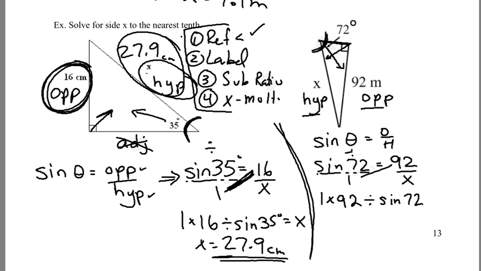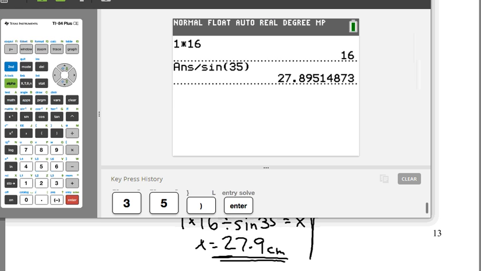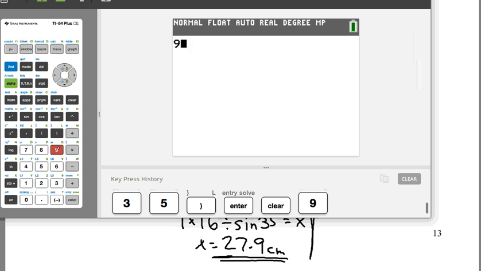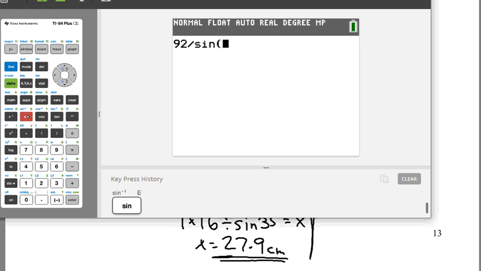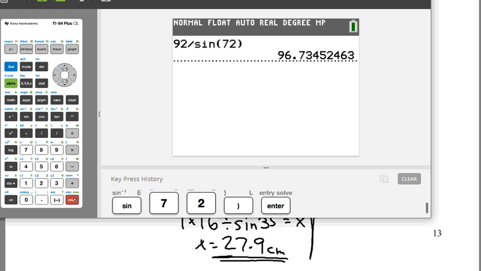So we can go to our calculator. 1 times 92, which is 92, and we divide that by sine of 72. Close your bracket after your angle, and what do we get?